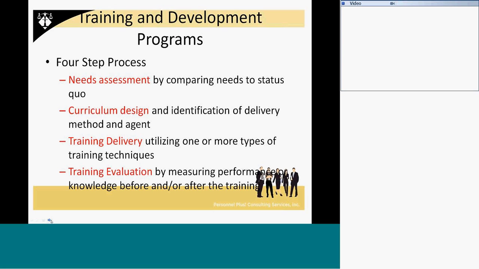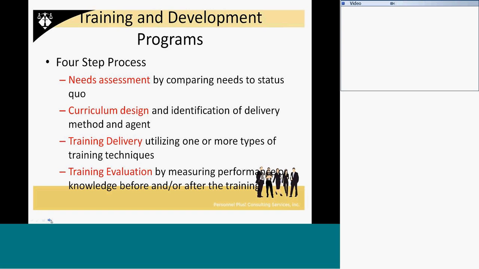The concept of gap analysis is to look at how you get from where you are to where you want to be, how to bridge the gap, if you will. You then get into the curriculum design phase, and that's where you design and identify how you're going to actually cause the needed learning to occur.